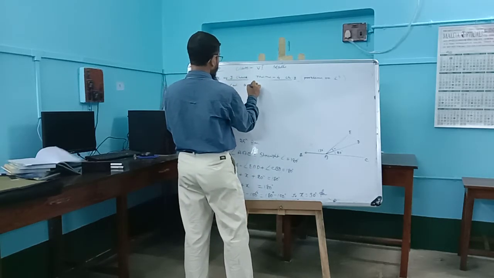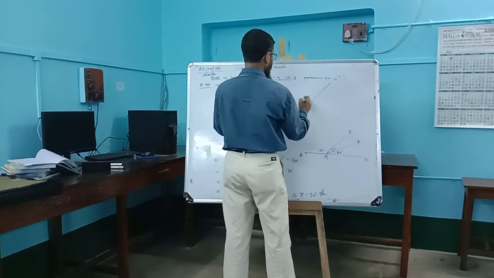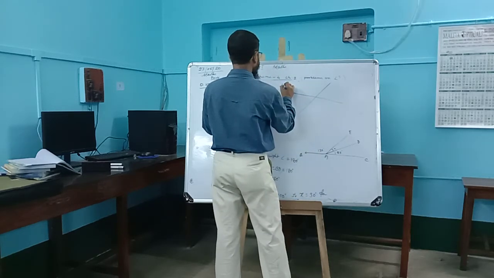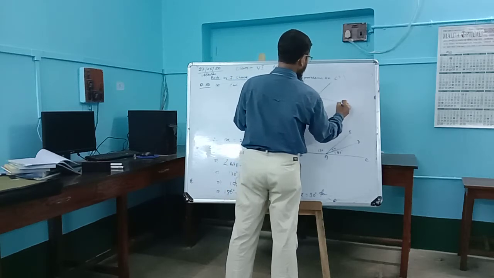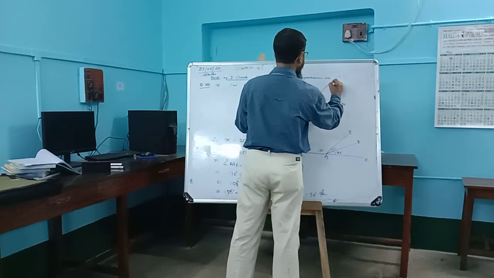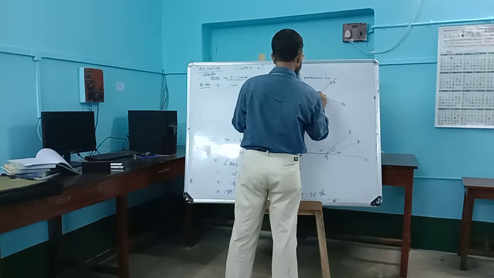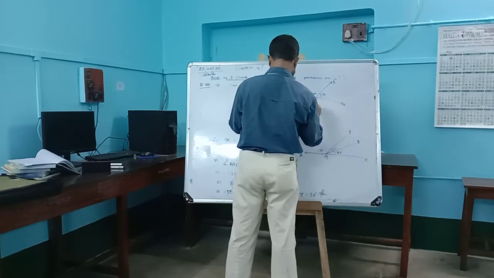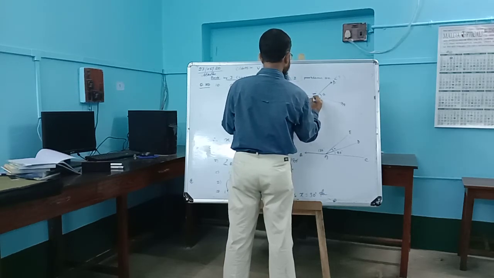Calculate A, B, C. Let the figure be A, O, B, C, O, D. This angle is 100 degrees. This is A. This is B. This is C.